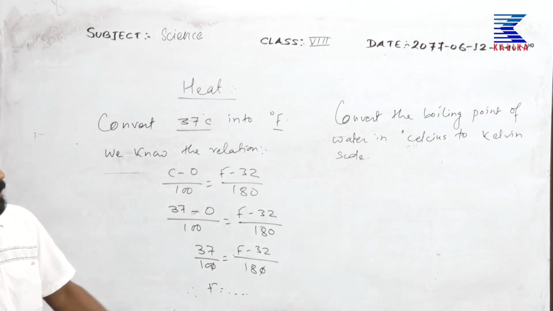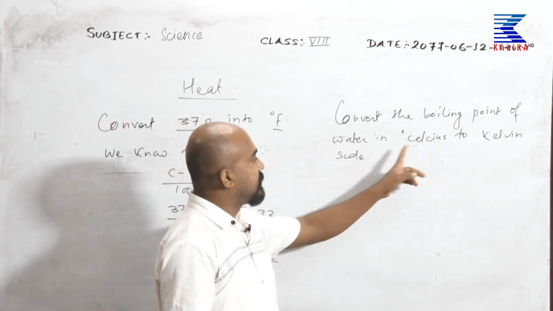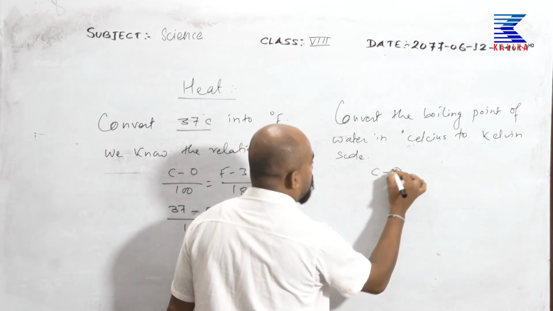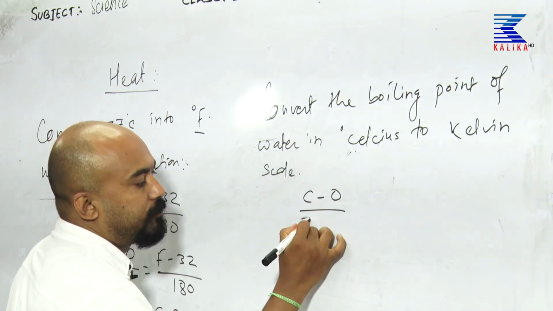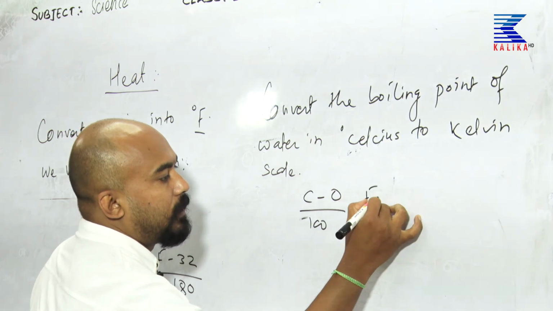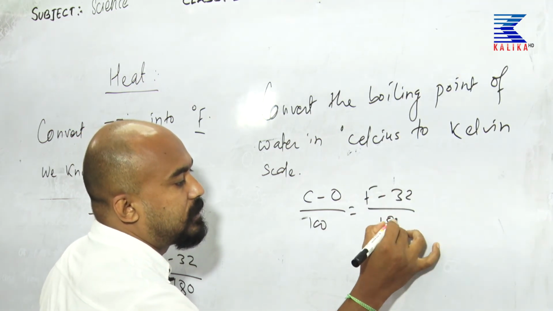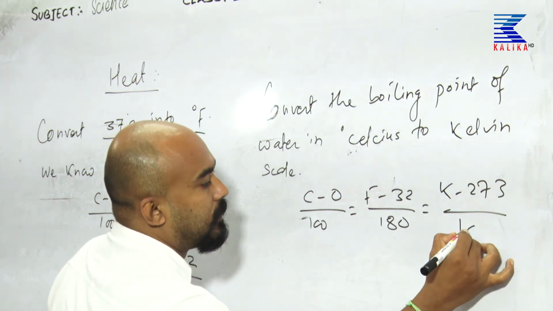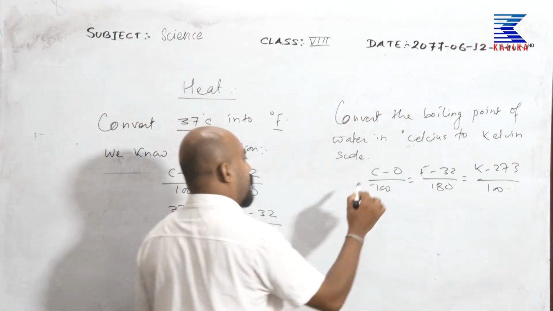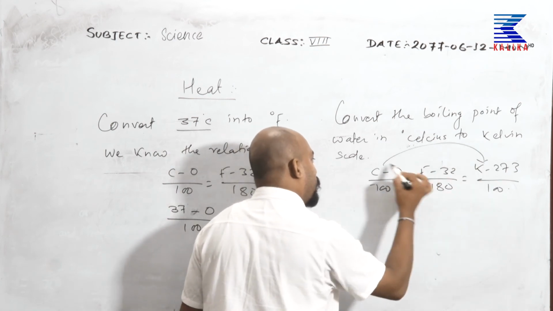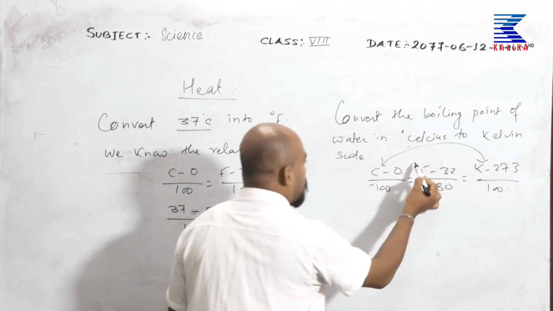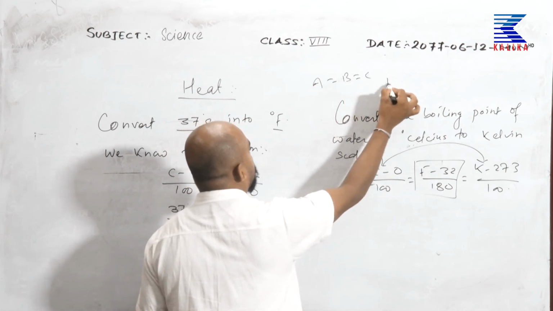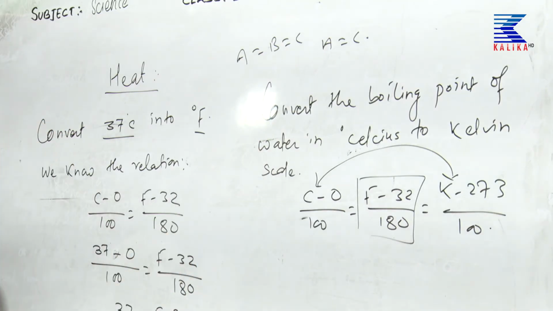Here the two scales are degree Celsius and Kelvin, and we know the relation C minus 0 by 100 equal to F minus 32 by 180 equal to K minus 273 by 100. So, we need to use only these two terms. No need to take this one, because we know that if A equal to B equal to C, then A equal to C also.